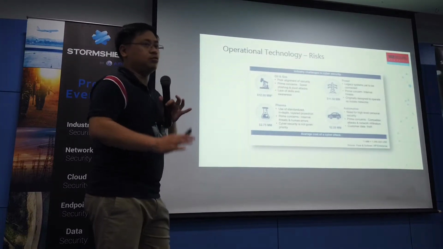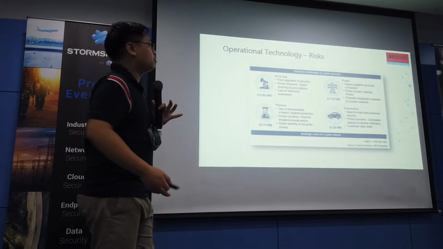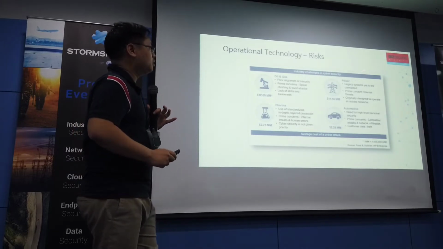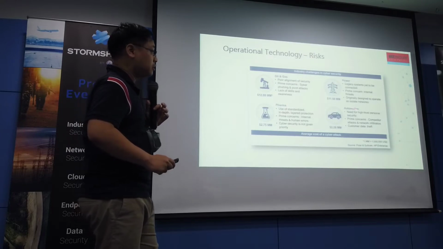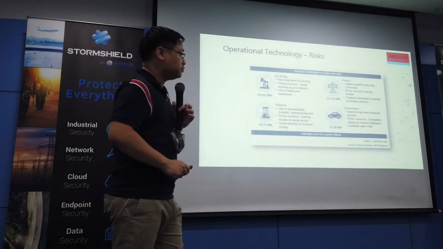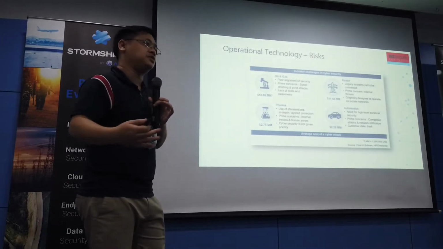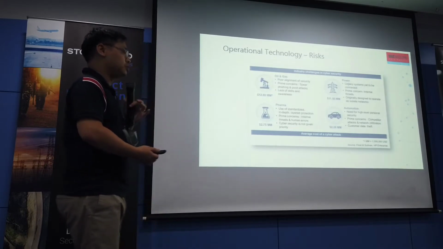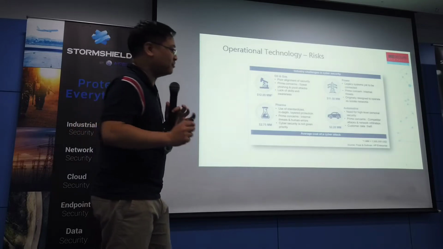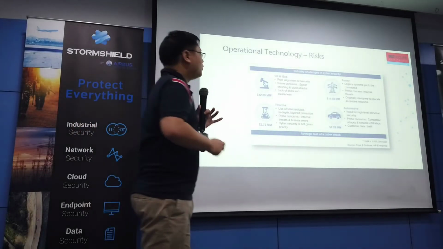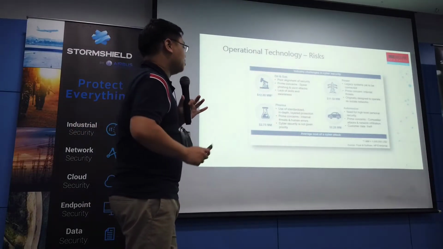It concerns all industries, whether you're in oil and gas, in power, so electricity, in pharma, in automotive. You will have different problems depending on your industry, but the common thing is that you will have problems. So, just some examples.